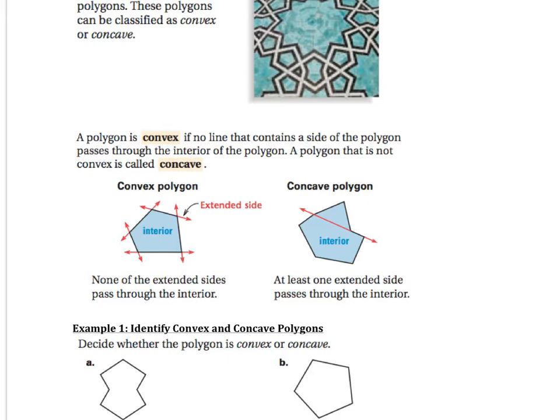Think of the partial word in there, cave, so it caves in. If we use the same philosophy of extending the sides, when you extend one of the sides, it actually goes through the interior of the polygon.